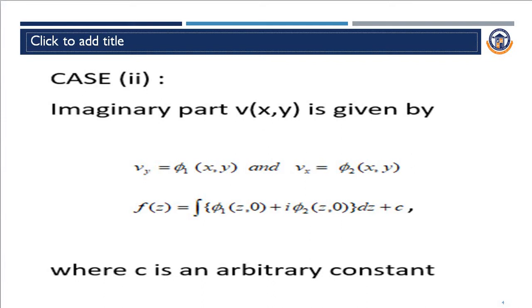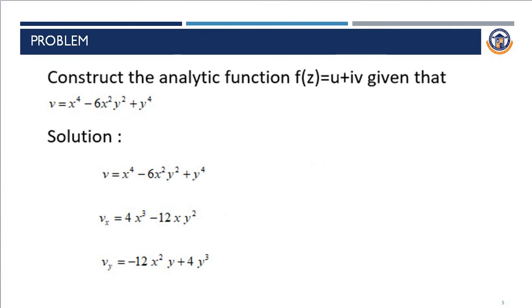Next, let's see one problem. Construct the analytic function f of z equal to u plus iv given that v equals x power 4 minus 6x squared y squared plus y power 4. In this problem, they give the imaginary part value. We already know the formula.